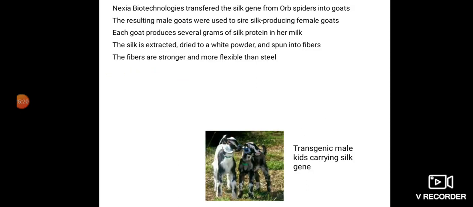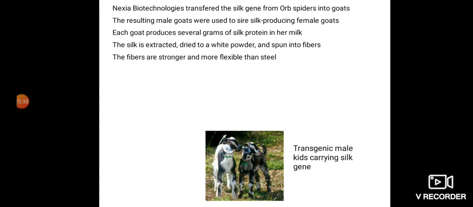And they have also created silk. They transferred the silk gene from the orb-weaving spider into the goat, and the resulting male goats were used to sire silk-producing female goats.